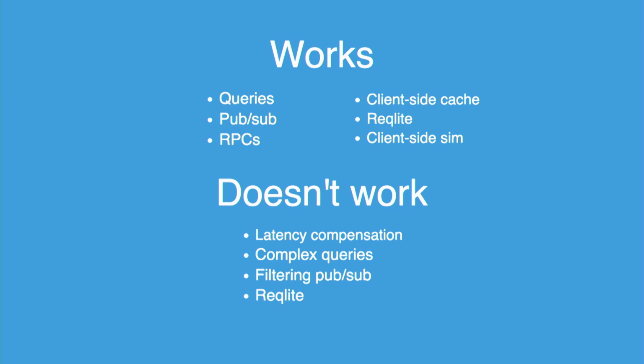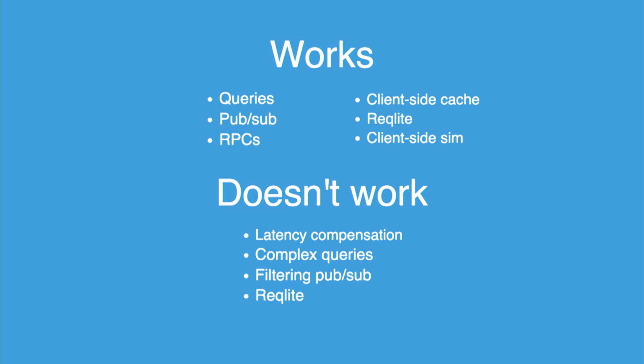So what didn't work really was latency compensation, the most important part of Meteor. And the reason for that is RethinkDB doesn't expose additional metadata. So remember oplog? We had timestamps. Like every change could be associated with some unique identifier. In RethinkDB, that doesn't happen. Every change just appears in the stream, and you can never know if your change has been propagated all the way through.